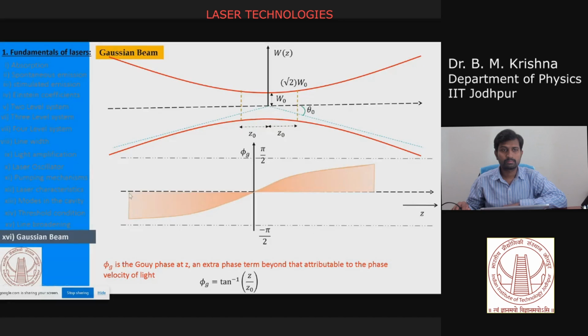Now as you propagate along the focal region, I am mainly focusing here on the focal region, in the focal region you see your phase is changing as you propagate, and again you have retardation. Now you have a phase shift.